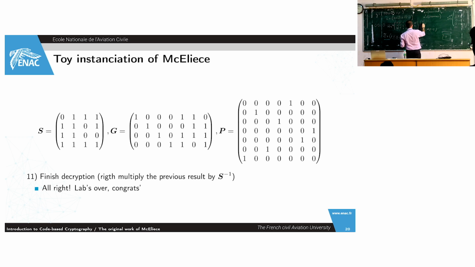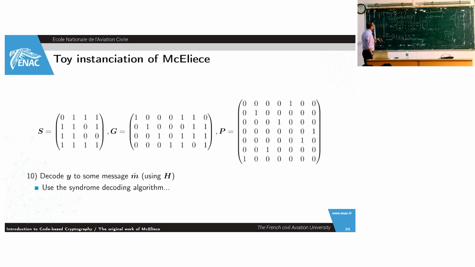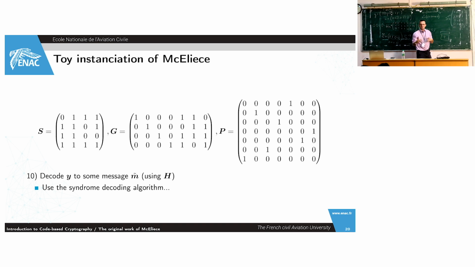We get 1, 1, 1, which is an error in the 3rd position here. So we add this error to Y, and to decode, we take only the 4 first bits. So we have 0, 0, 1, 0. And if I multiply by S minus 1, I find back my M equal to this one.